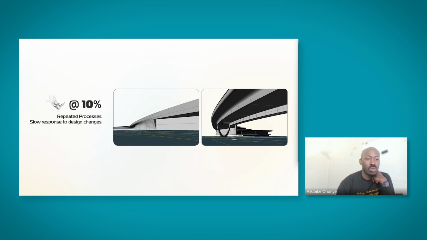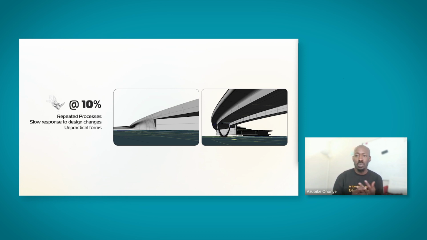There was also slow response to design changes because I was modeling this manually. What I call manual is I'm shifting Rhino surfaces. The moment you have an engineer change something, I have to redo that. And it was just a very slow response to that design change.